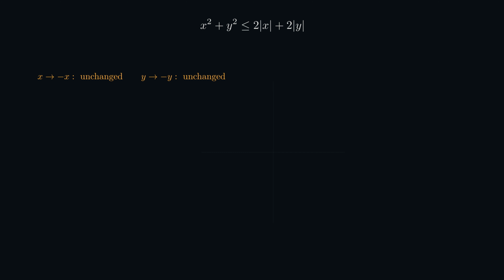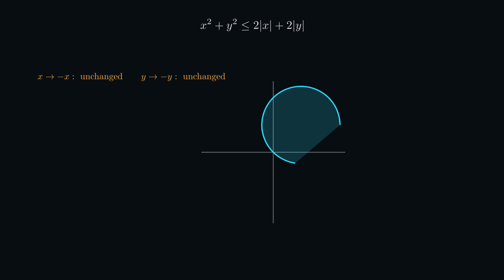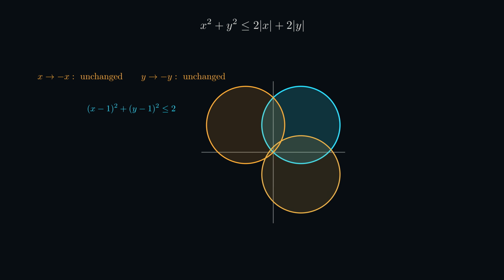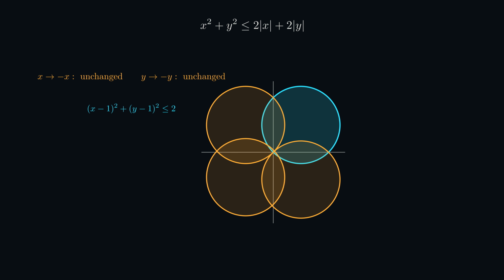You can read symmetry out of an equation before you have drawn anything. Look at x squared plus y squared, at most 2 times the absolute value of x, plus 2 times the absolute value of y. Replace x by minus x. The absolute value does not care. The equation is unchanged, so the figure equals its own reflection and must be symmetric about the y-axis.